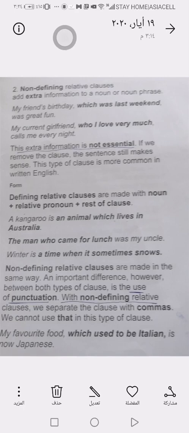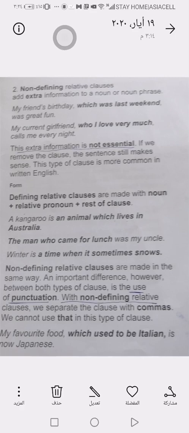Now, non-defining relative clauses are made in the same way. An important difference, however, between both types of clause is the use of punctuation.